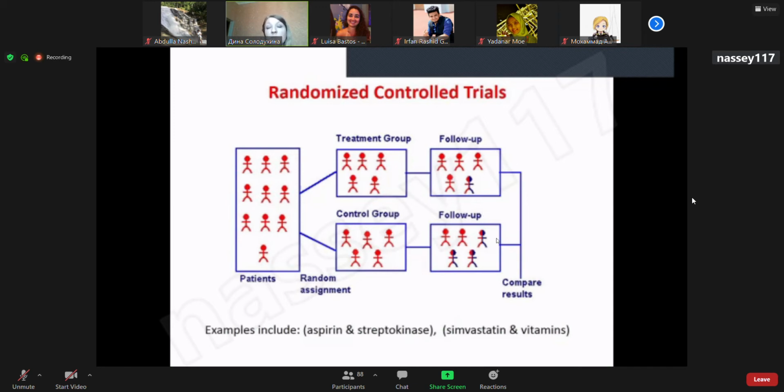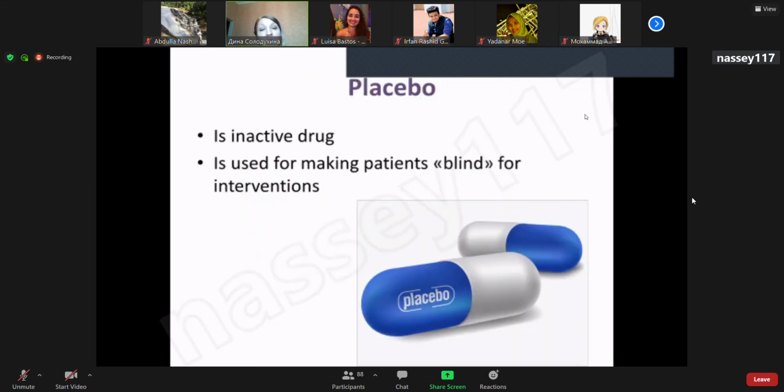Very often, a method in a study design is to give a placebo or inactive drug, which looks like a drug. It can look like injection, it can look like a drink, it can look like an ointment. It depends what you study. But placebo, the word, it means inactive. So it doesn't have any positive or negative effect.